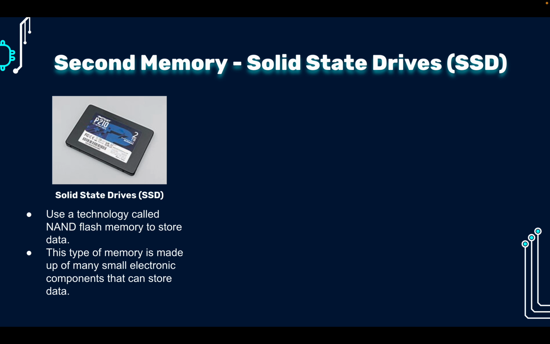This type of memory is made of many small electronic components that can store state, and it has significant advantages over the hard disk drive because it has no moving parts like the HDD. It doesn't need to move a reading or writing head to some area.